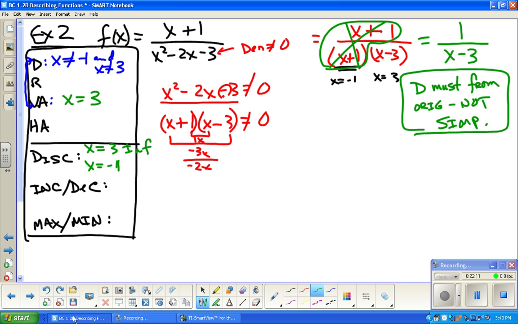Okay? All right, range, a little more complicated this time. Horizontal asymptote, a little bit more complicated. I don't think I mentioned to you last time, I'm going to give you a sneaky way to get the horizontal asymptote, and I may have mentioned it in class by now. But notice how this is x squared. This is the highest degree of x in the whole equation.